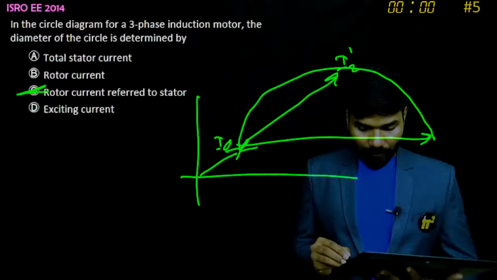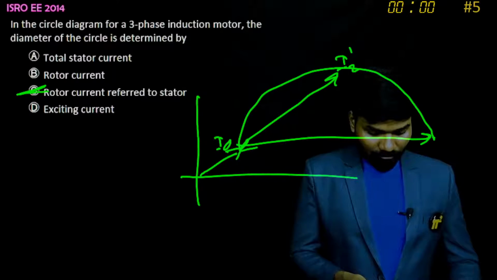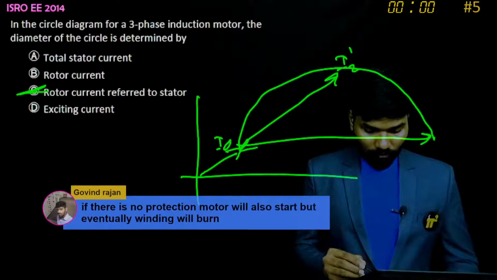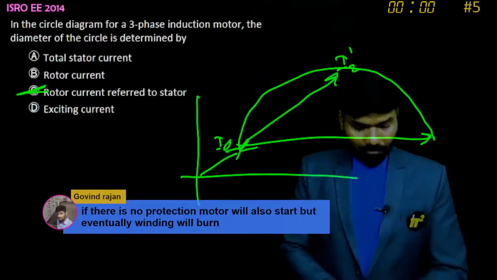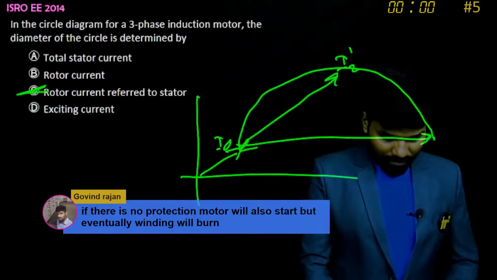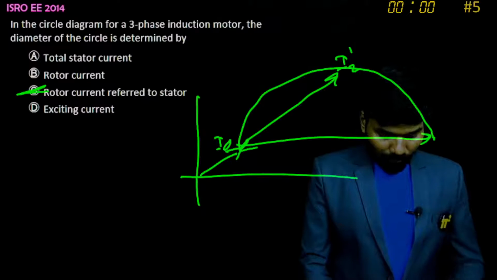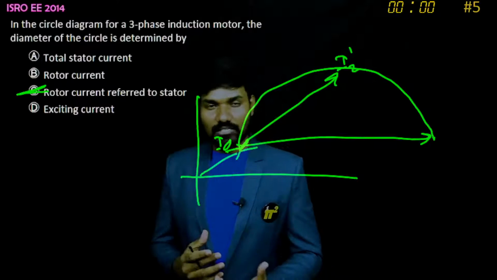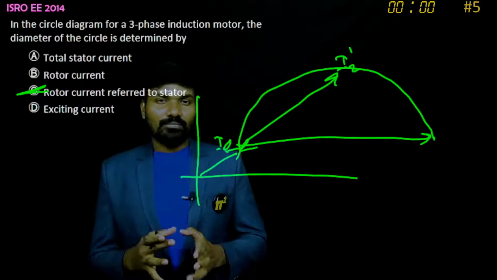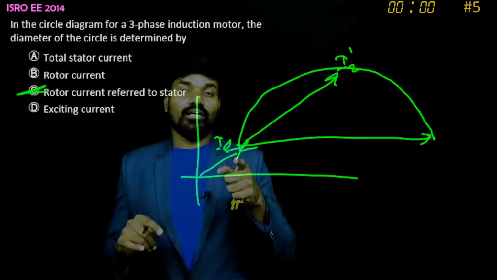Now we got a question from Govind. Govind is saying, if there is no protection, he's trying to ask this question for the previous question. Single phasing concept. Yes, the motor will burn when?